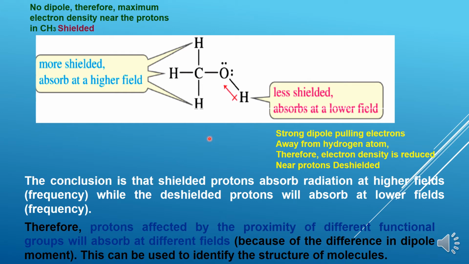The more the dipole, the less shielded the protons are. No dipole means maximum electron density near the protons is available, therefore they are shielded. So the proximity of electron density as well as the dipole effect distinguishes these different protons.